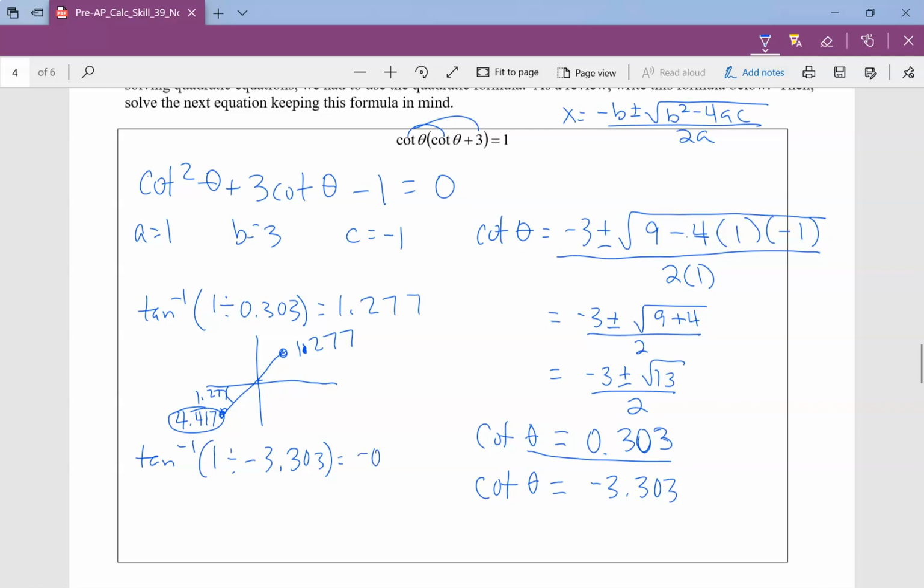Calculator gives me negative 0.294. That's going to be a fourth quadrant angle. Not allowed to use negative, but we do need to know that this is the reference angle. So if I just add 6.28 to this, I get 5.986.